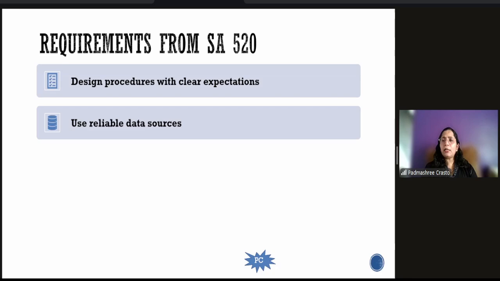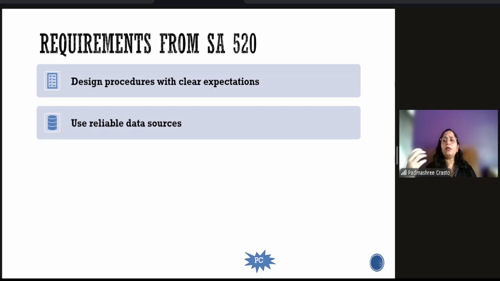Use reliable data sources. Now, one of the things that is very important to note when we are talking about the analytical review is the comparable data. Step one of any analytical review, we will come to the steps, is take a base data, then draw a desired expectation, then actually take the comparable also, right?